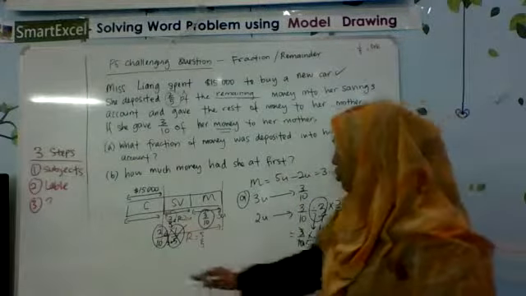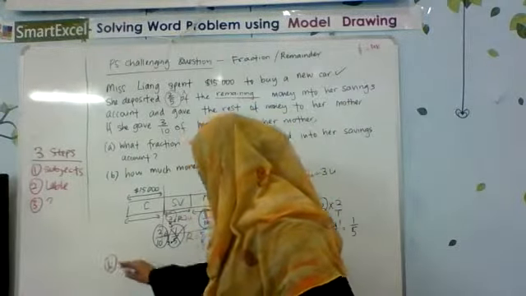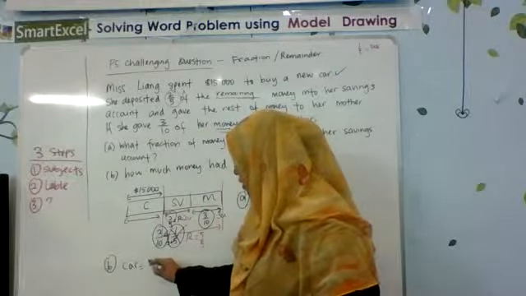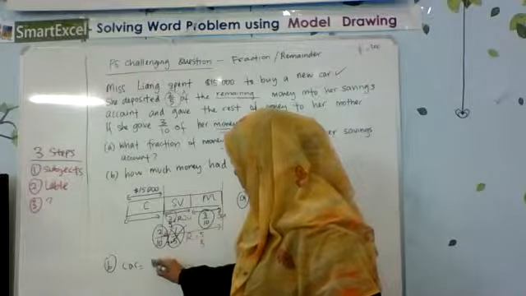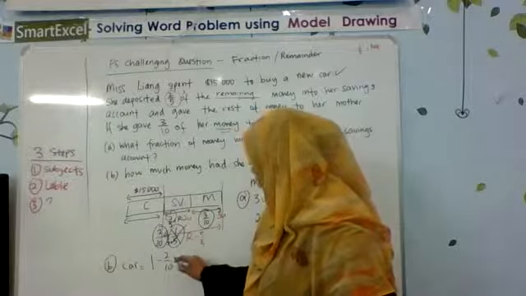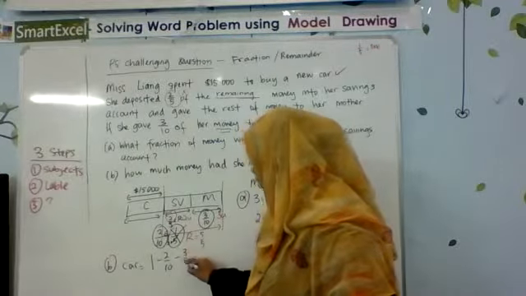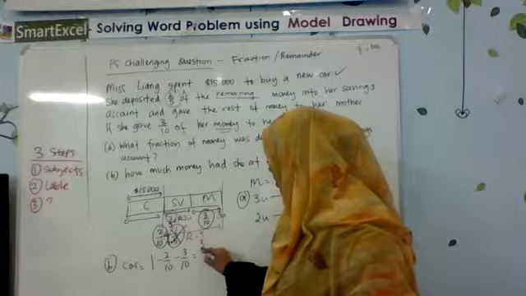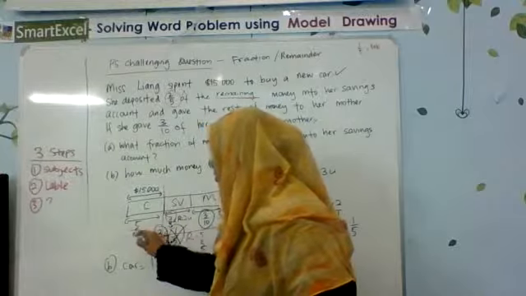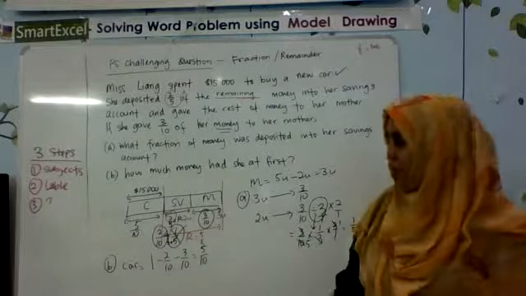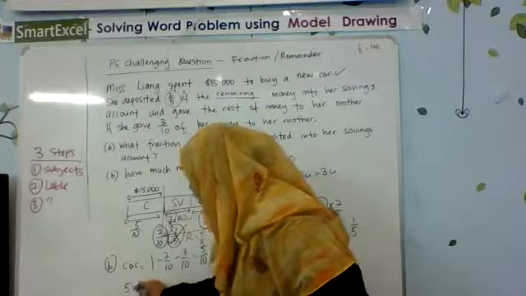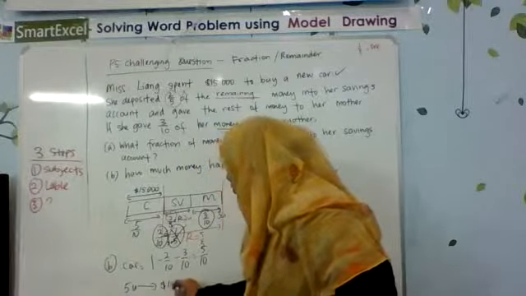One whole, minus the saving 2/10, minus the mother 3/10, gives us 5/10. Because it's all now the same denominator, we can simply say the car, 5 units, is equivalent to 15,000.